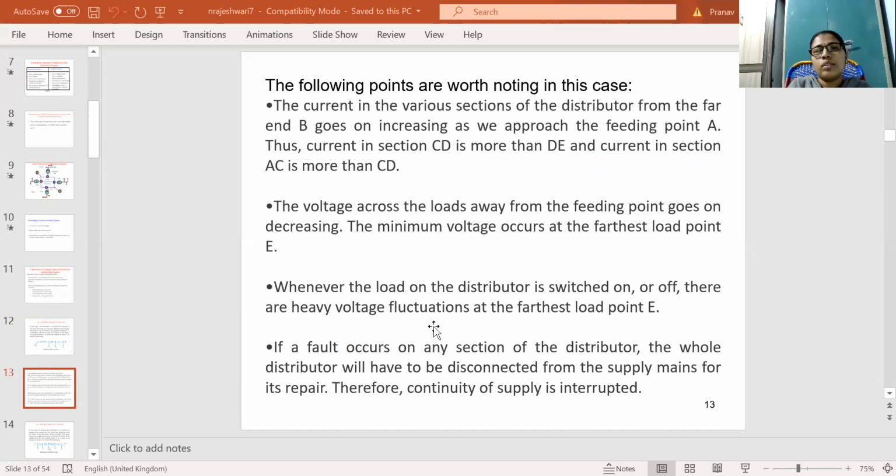The following points apply in this case: the current in the various sections of the distributor from the far end goes on increasing as we approach the feeding point A. Thus, current in section CD is more than DE, and current in section AC is more than CD.